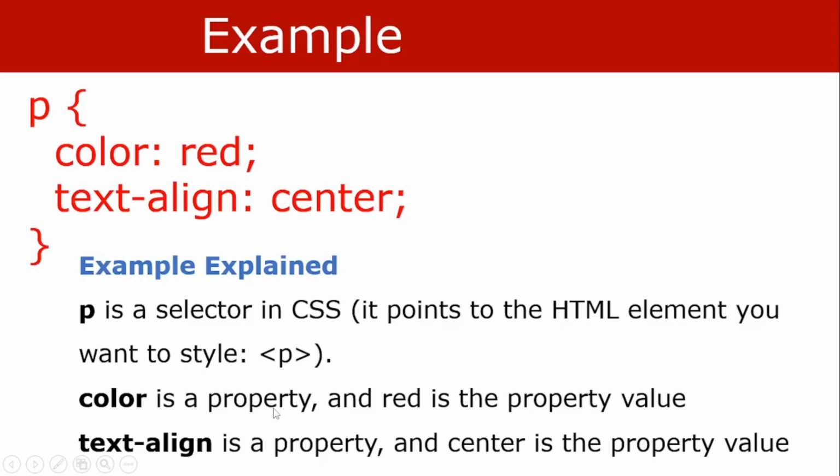Then color is a property, and red is the property value. Text-align is a property, and center is the property value.